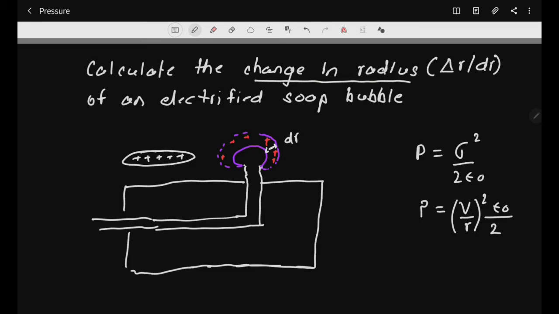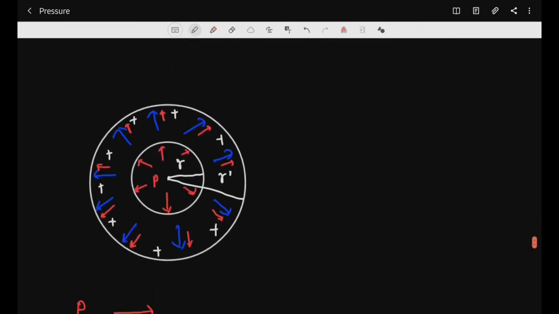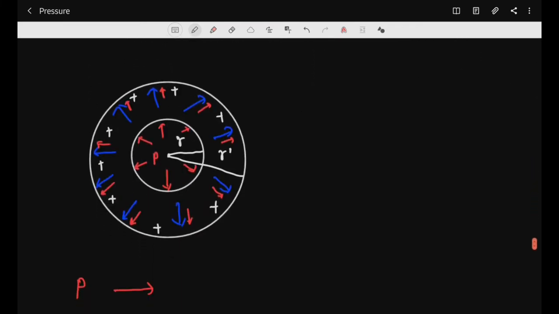The reason for this change in the radius is the charge that we have applied on this soap bubble, maybe by using a plastic rod. So let us draw this soap bubble here. This inner bubble is the initial condition, where it is not charged. In the initial condition there will be atmospheric pressure from outside as well as from inside.